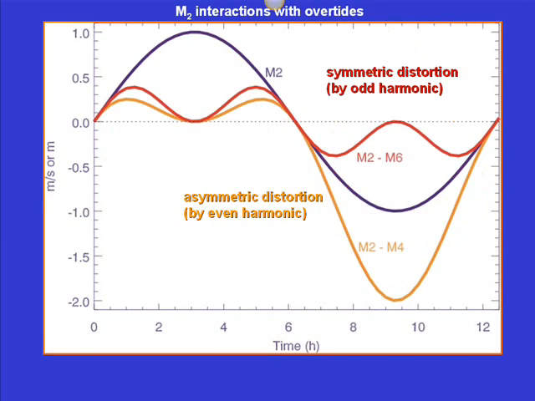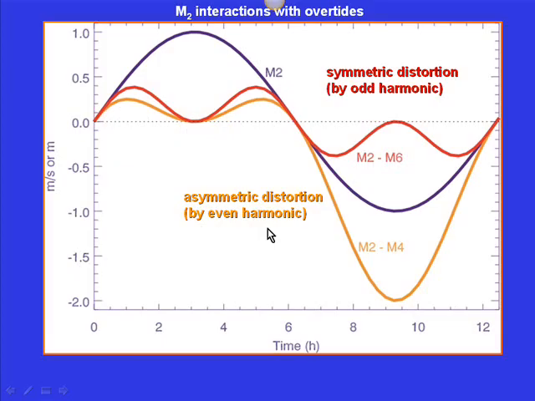All right, so if you make those interactions, for example, M2 minus M4 will give you the orange line. Notice, compared to the M2 unperturbed or not distorted, the interaction of M2 minus M4 gives you this distortion, the orange line, which is an asymmetric distortion caused by an even harmonic.